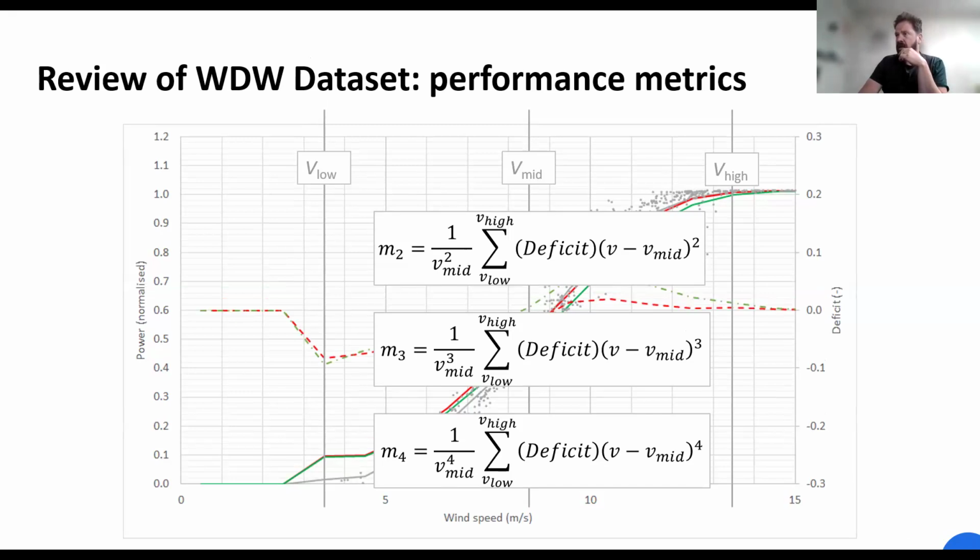There's the baseline, which is calculated over all data. There's the deficit, which is just the baseline minus the observed one. That's just wind speed minus the mid wind speed squared or cubed, and then the metrics here are just some product of the deficit times that. But as I say, this is something that's very simple to implement in a spreadsheet.